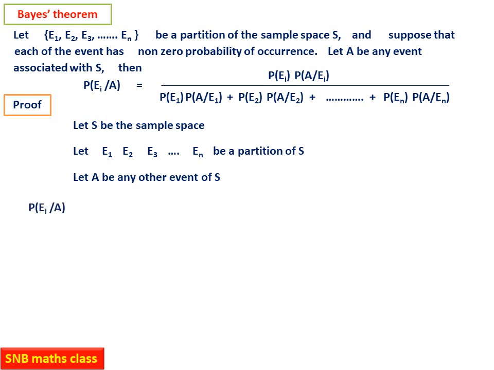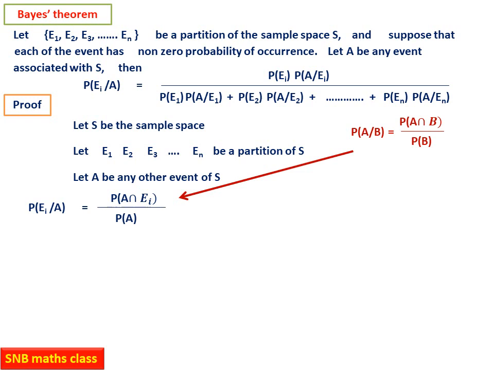Now, probability of Ei given A is required. According to the definition of conditional probability that we have studied, probability of A given B is equal to probability of A intersection B by probability of B. Therefore, using the formula, we can write this as probability of A intersection Ei divided by probability of A. Now, what is probability of A intersection B?